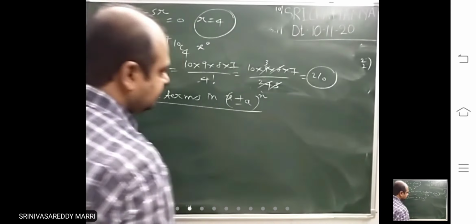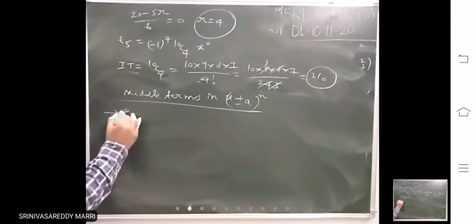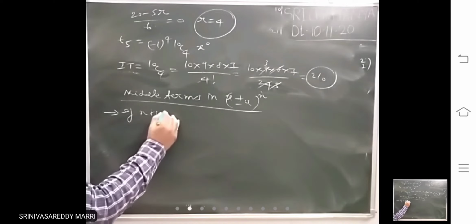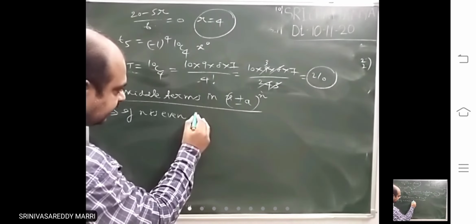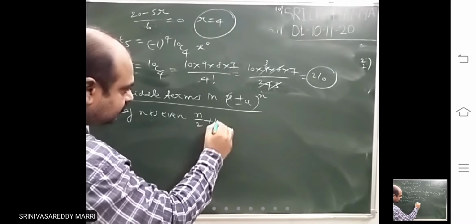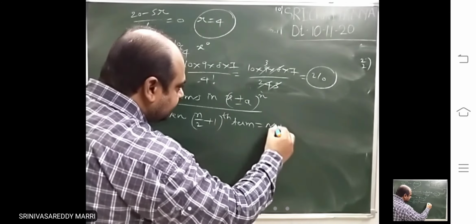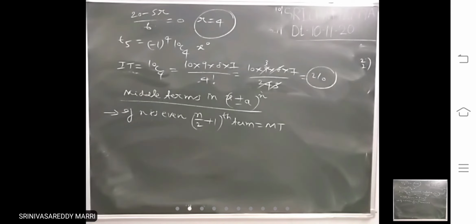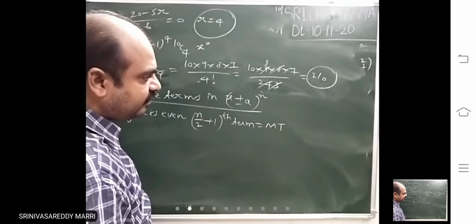Suppose, if n is even, then (n by 2 plus 1)th term is the middle term. There will be one middle term. So, if n is even, the (n by 2 plus 1)th term, there will be only one middle term.